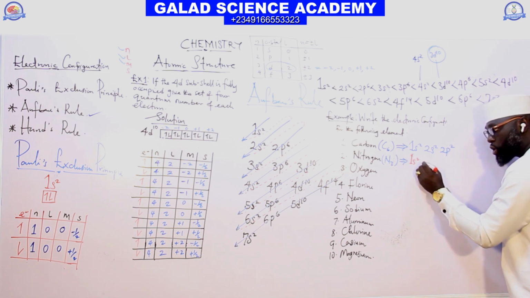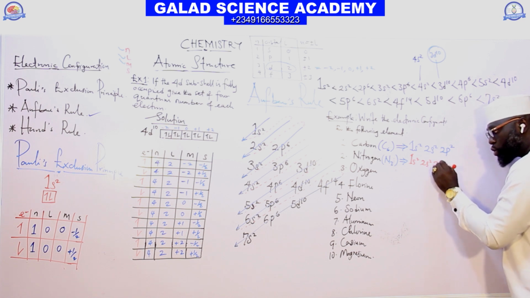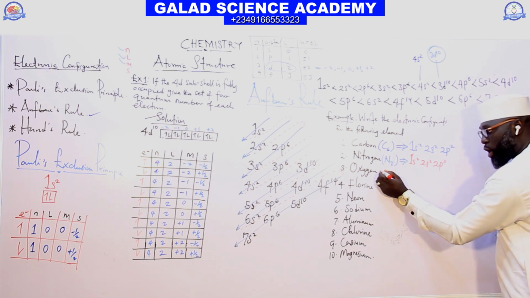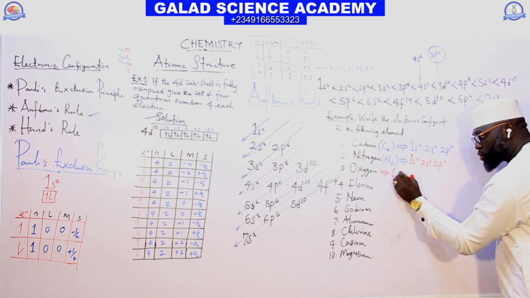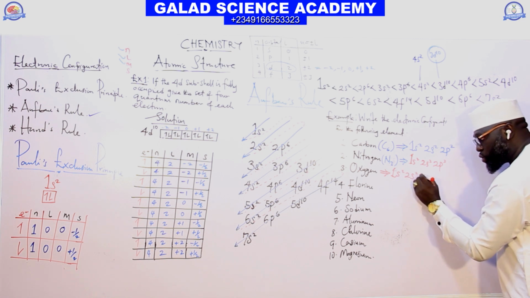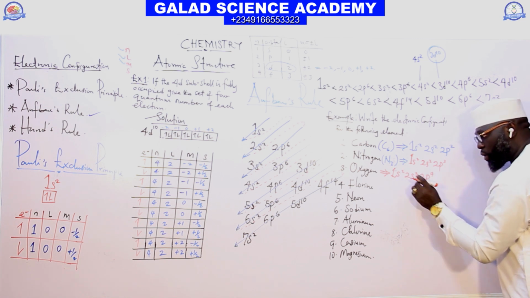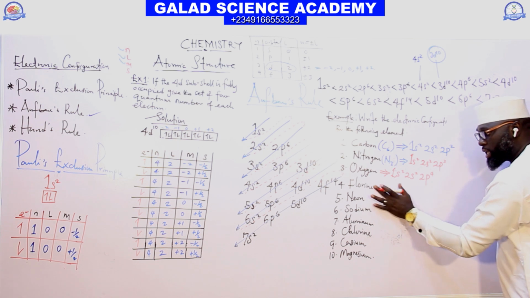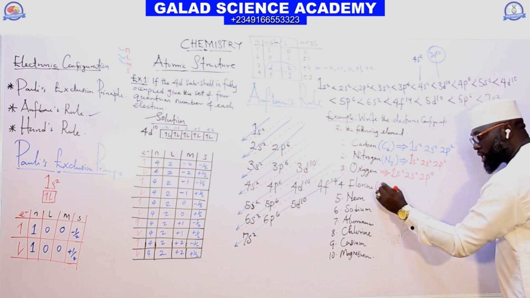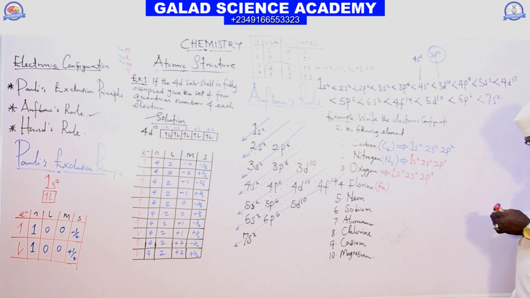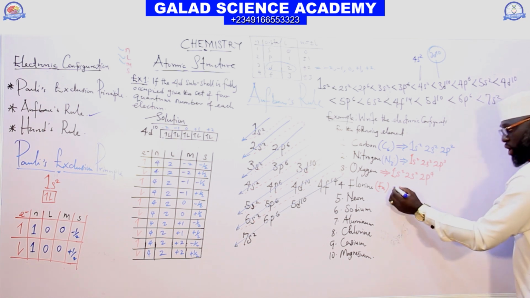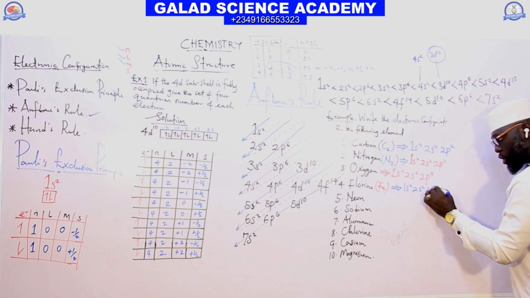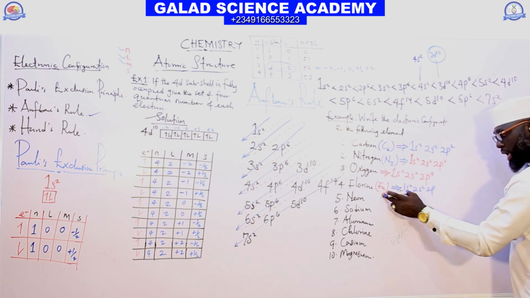So for nitrogen, we have 1s2, 2s2, 2p3, making 7. For oxygen, we have 1s2, 2s2, 2p4, because oxygen is 8. For fluorine, which is atomic number 9, we have 1s2, 2s2, 2p5.